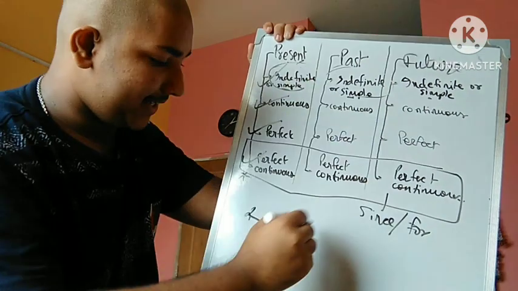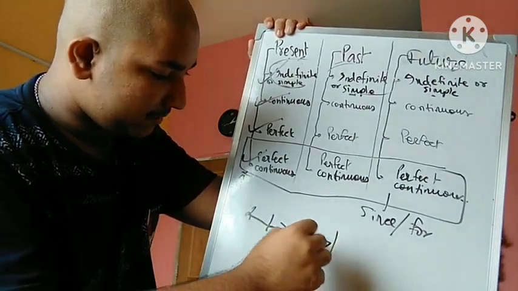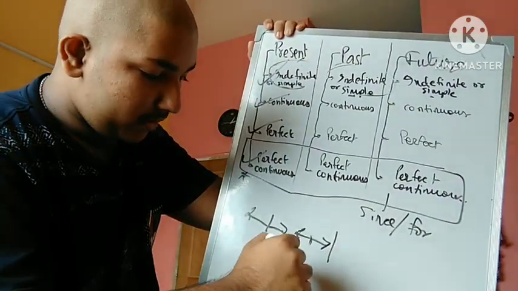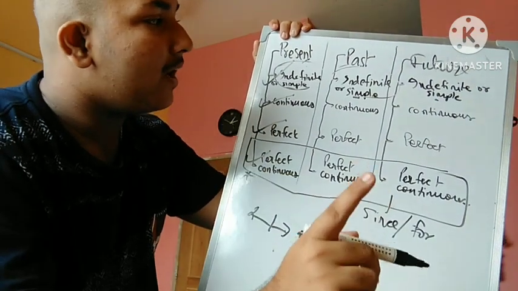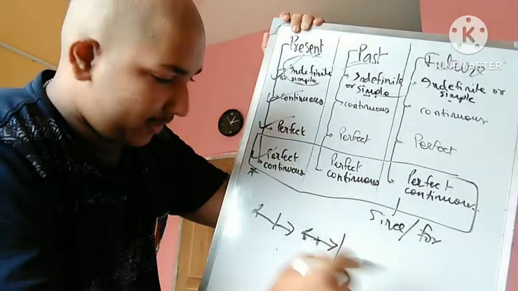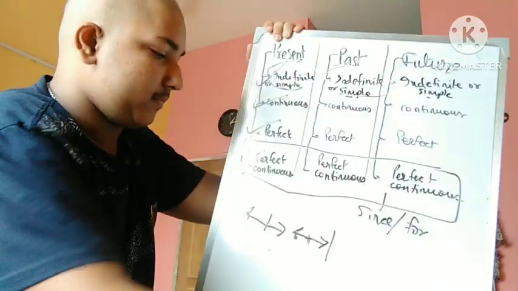But in past indefinite, I don't know when I have started, I don't know when I have ended, but I like something here. Okay. Something was going on. Something I did in past, but I don't know when I did it. This is indefinite. Okay.